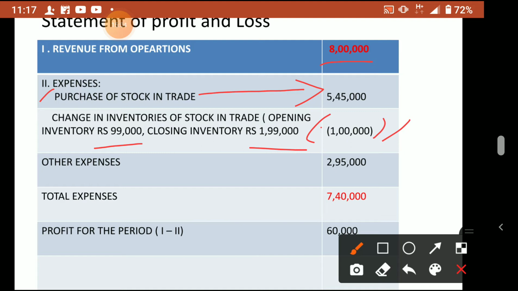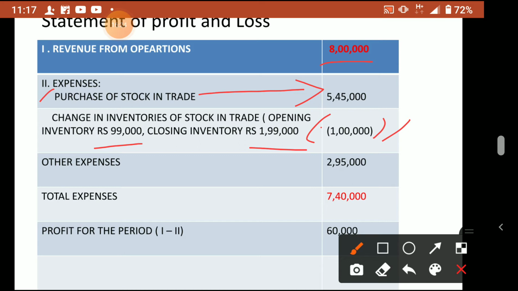That means 1 lakh rupees is the change in inventory, and it is negative because closing is more than opening. The equation is opening inventory minus closing inventory, that means 99,000 minus 1,99,000. So 1 lakh comes in minus.